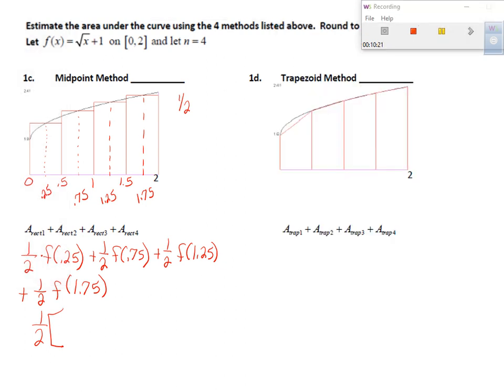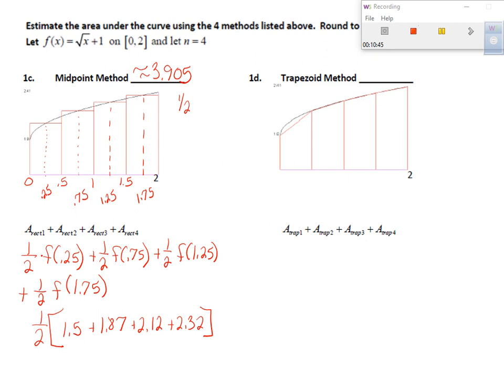F of 0.25 was 1.5 plus 1.87 plus 2.12 plus 2.32. If we run this through our calculator, I had about 3.905.